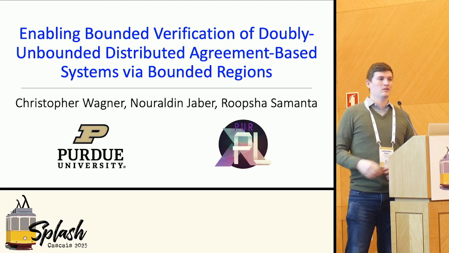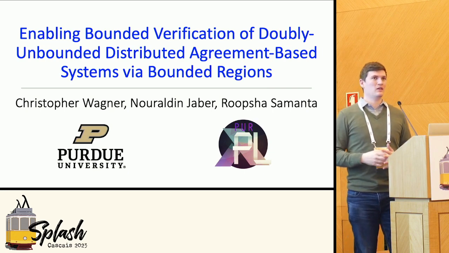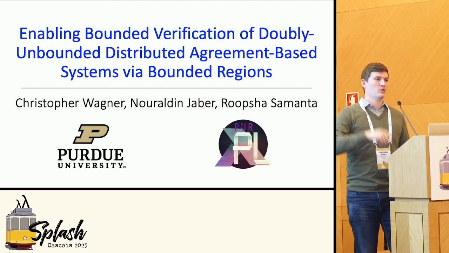And TLA plus is wonderful, it's very powerful, but we're hoping that we can reduce the amount of work that would be necessary to bring a new system into that set of systems we can verify automatically.